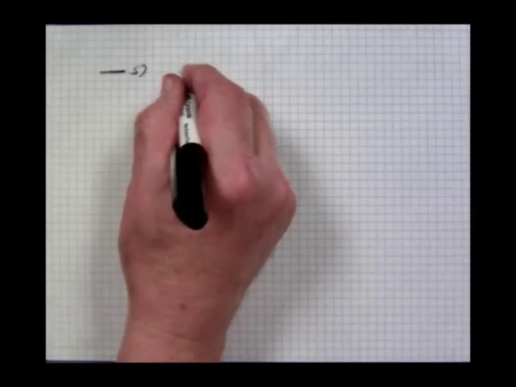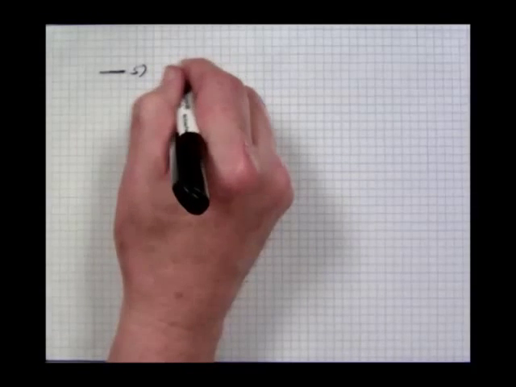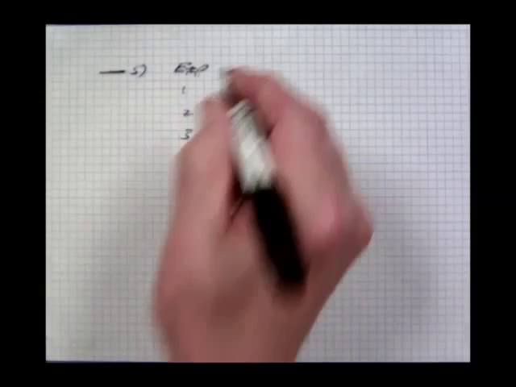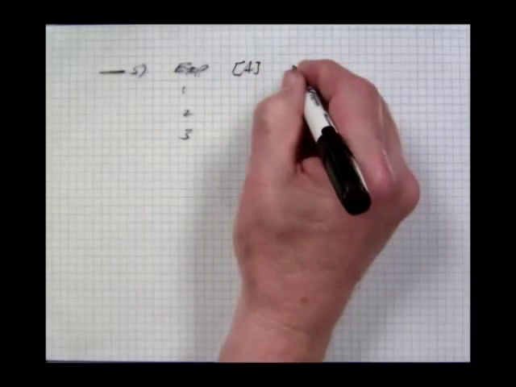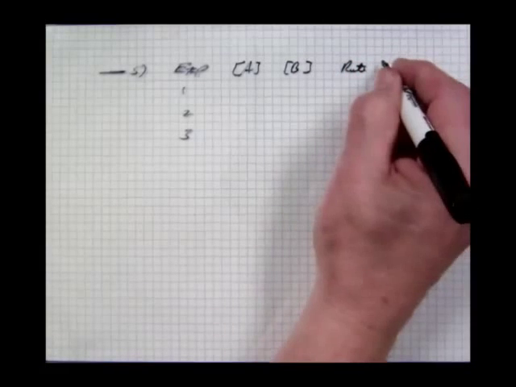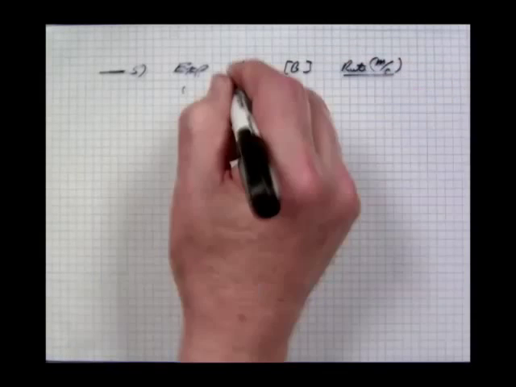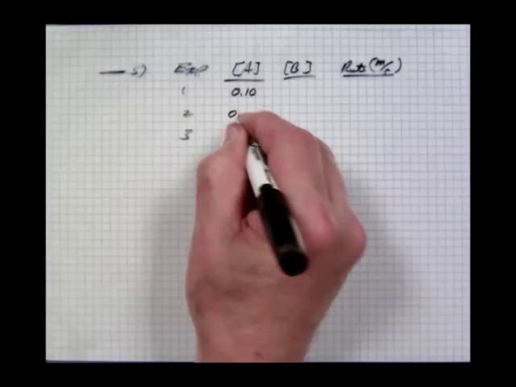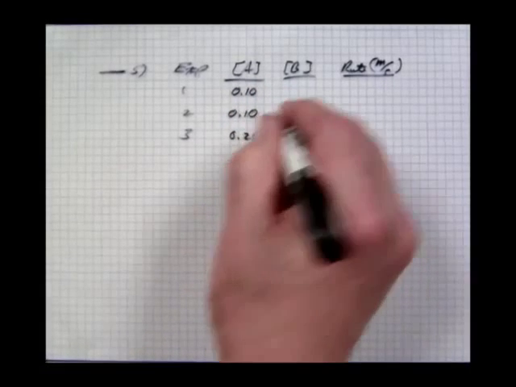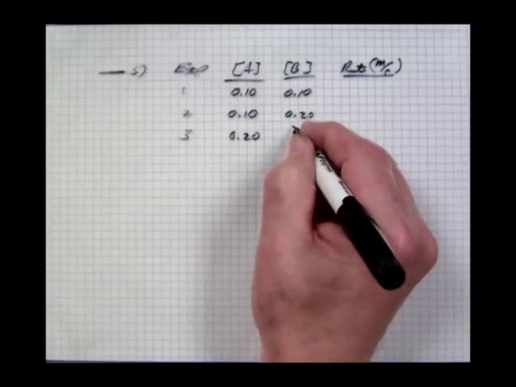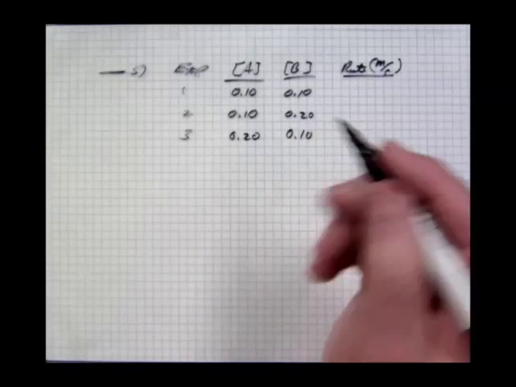So if we take experiments one, two, and three, component A against component B produces a rate in molar per second. We have 0.10 molar, 0.10 molar, 0.20 molar, 0.10 molar, 0.20 molar, and 0.10 molar. So you're changing things and then seeing what happens.